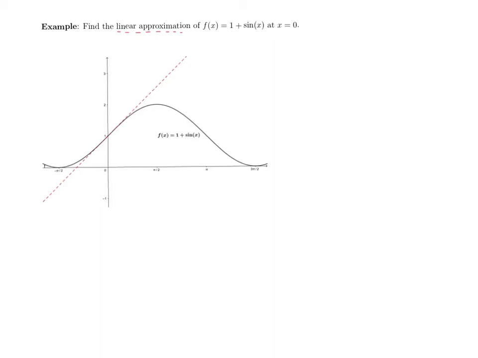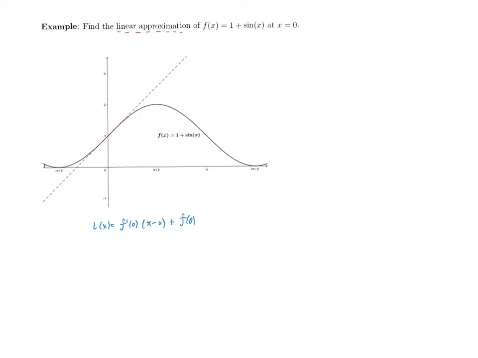Find the linear approximation of the function 1 plus sine x at x equals 0. Previously, we would have been asked to find the equation of the tangent line to the curve at x equals 0. So let's just go ahead and note, as usual before doing any work, what it is that we are looking for. So L of x is going to be f prime of 0, times x minus 0, plus f of 0.